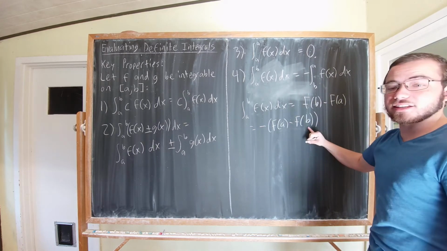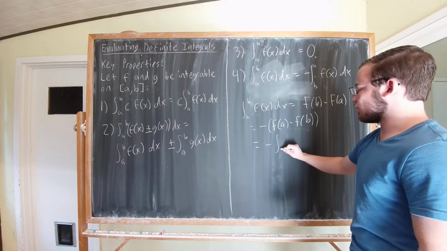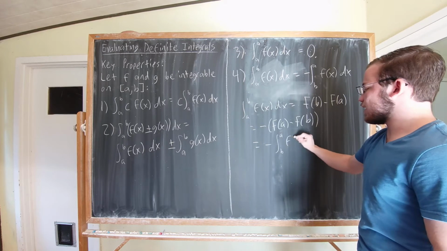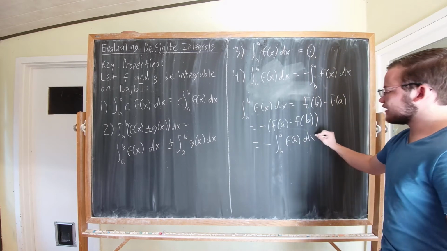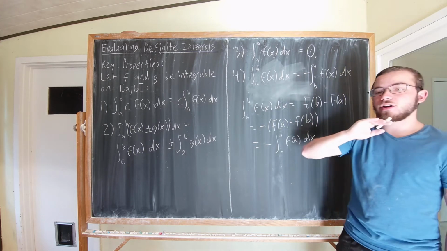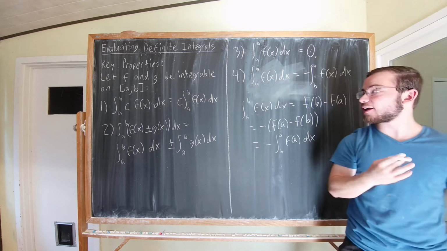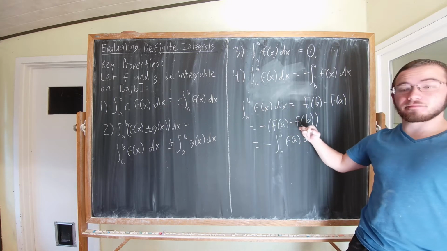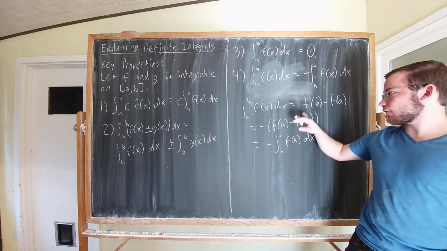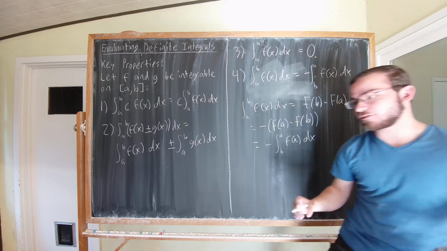But now hitting this interior part with the fundamental theorem of calculus, this is negative integral from b to a of f of x dx. So, geometric reason that this property is true, that the integral cares about whether you sweep from right to left or left to right. And the algebraic reason this is true for all functions with an antiderivative, fundamental theorem of calculus takes care of it.